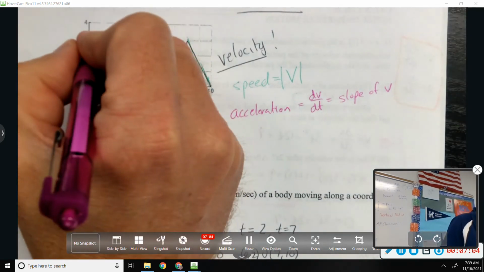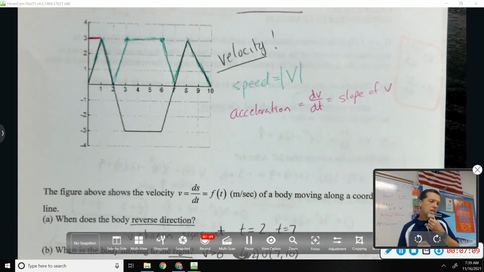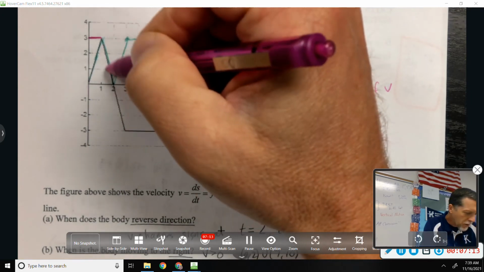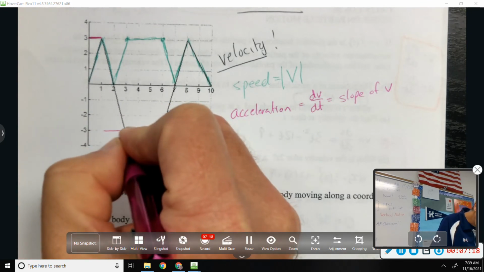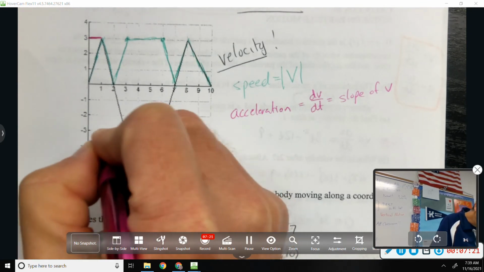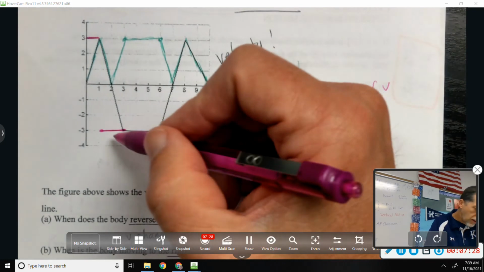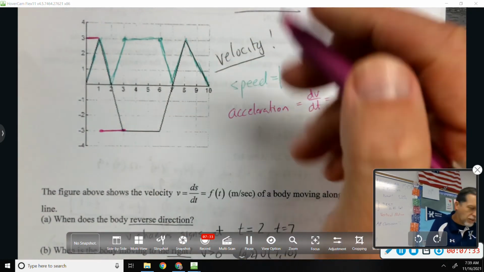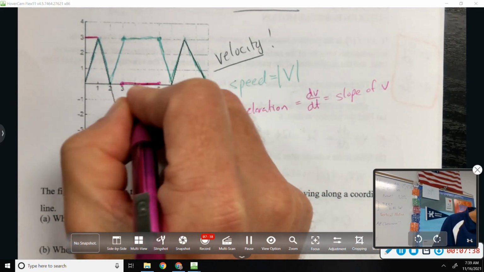So my acceleration is 3. From 1 to 3, what's the slope of that line? Negative 3. So from 1 to 3, there's my slope. This looks a little bit funny, I'll grant you that, doing them on the same graph. From 3 to 6, what's the slope of that line? 0. So from 3 to 6, acceleration is 0.